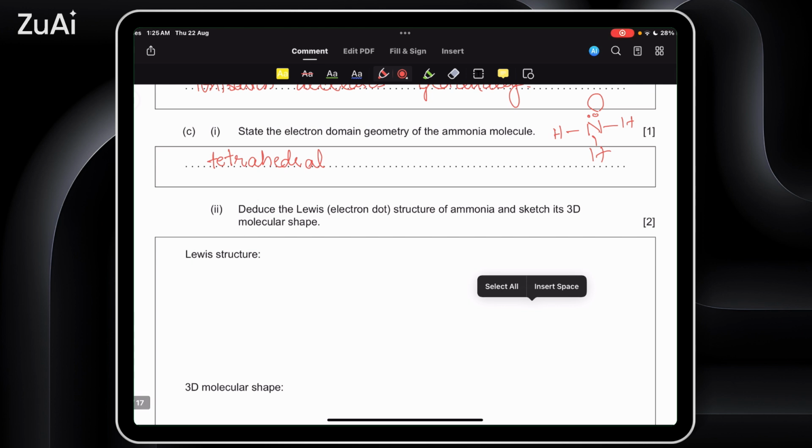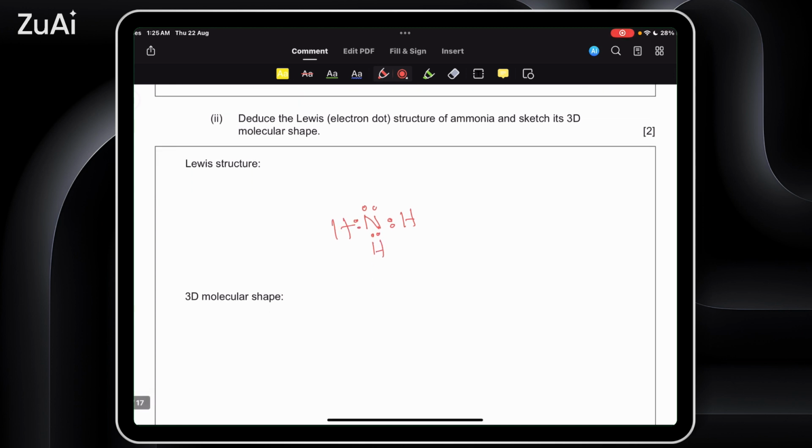Deduce the Lewis dot and cross diagram of ammonia. That is a very easy 3D diagram. In a 3D diagram, we have to make the wedge bond and the dash bond.